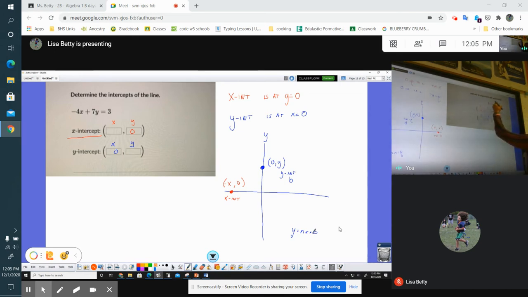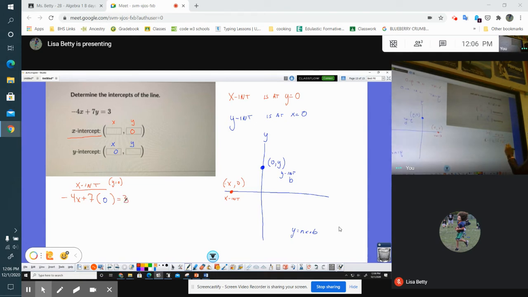So that's what you have to do, is rewrite this equation now to find the x-intercept. There's an extra step. Find the x-intercept. I will write my equation, negative 4x plus 7y, but I will make y equal to 0. X-intercept is where y equals 0. So I'll put the 0 in for y, and then equals 3 is the rest of my equation.